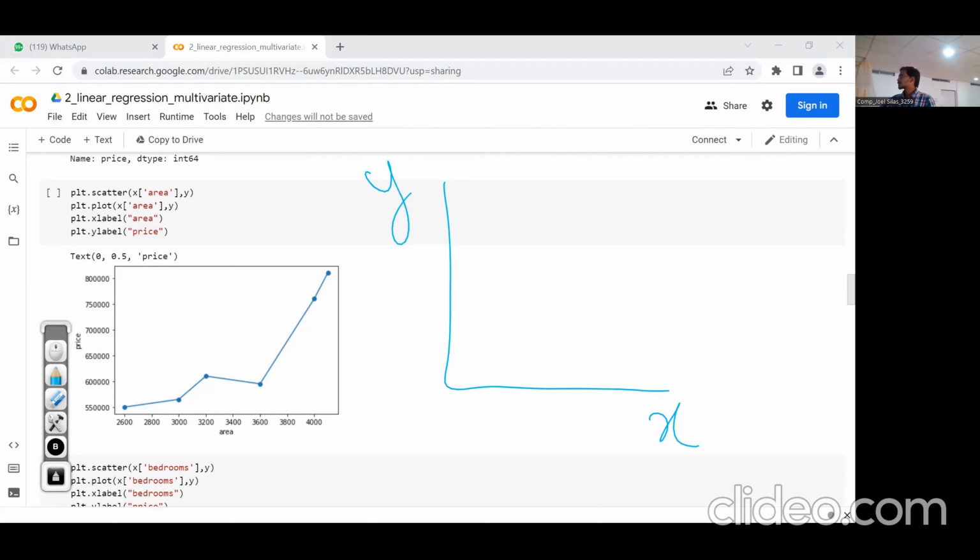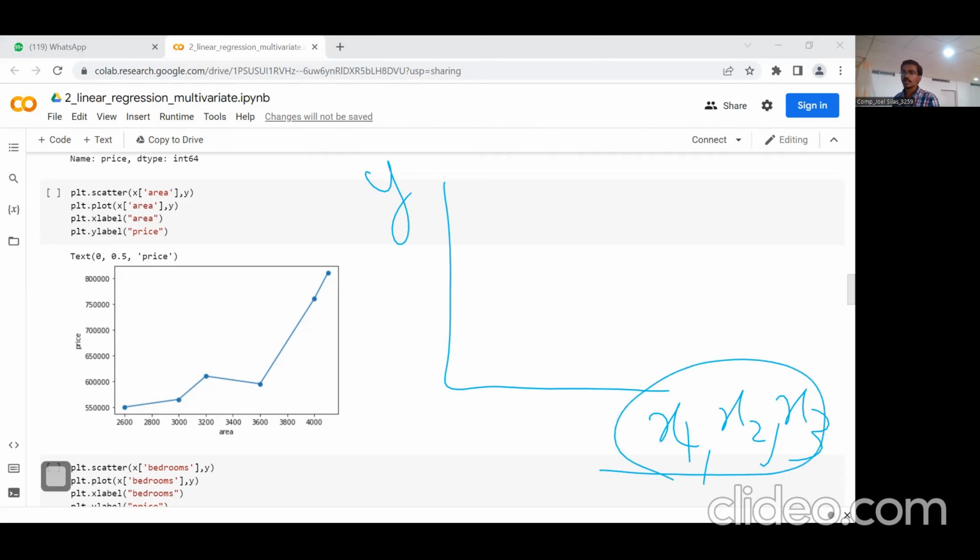You cannot have x1, x2, x3, all of them on the x-axis. No. At a time, you can take only x1, only x2, or only x3 and plot it against the output y. So suppose you take only x1 on the x-axis and y on the y-axis.